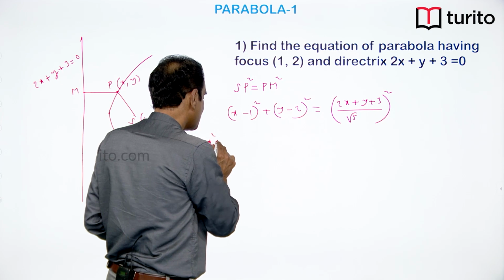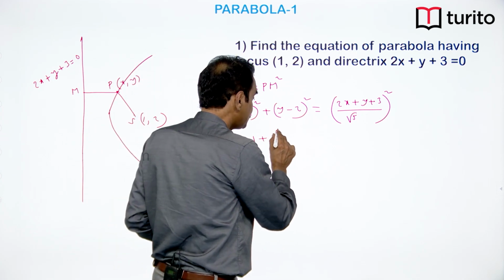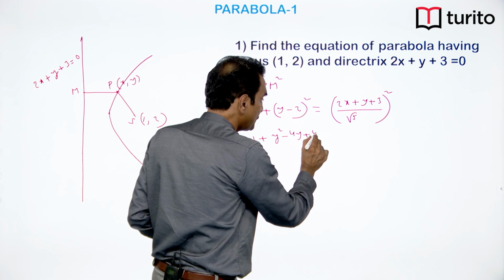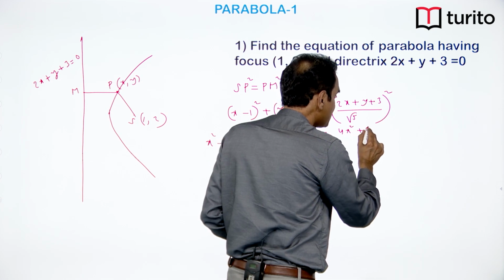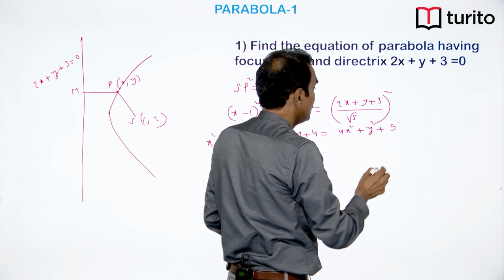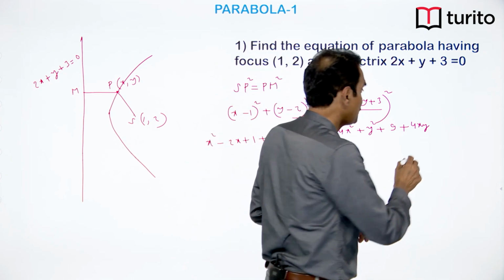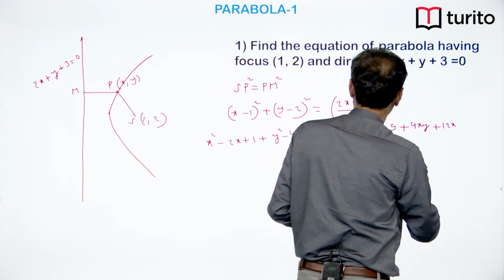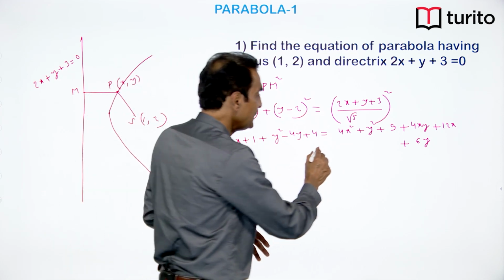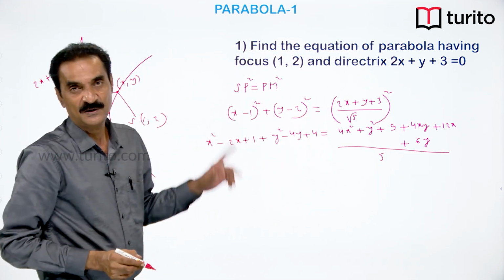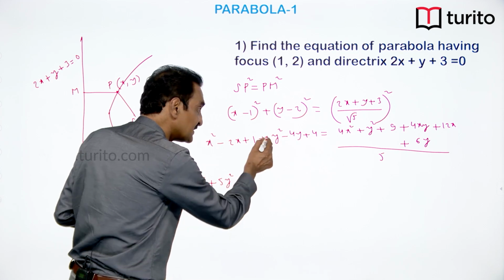This is x square minus 2x plus 1 plus y square minus 4y plus 4 is equal to, expand this, 4x square plus y square plus 9 plus 4xy plus 12x plus 6y divided by 5.